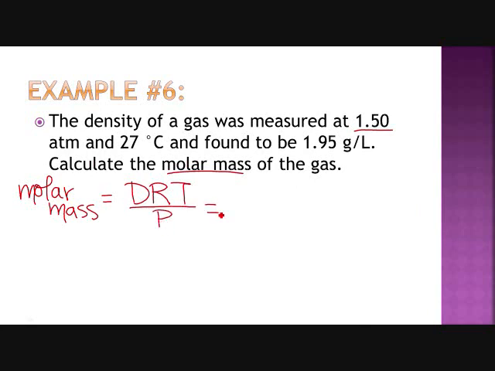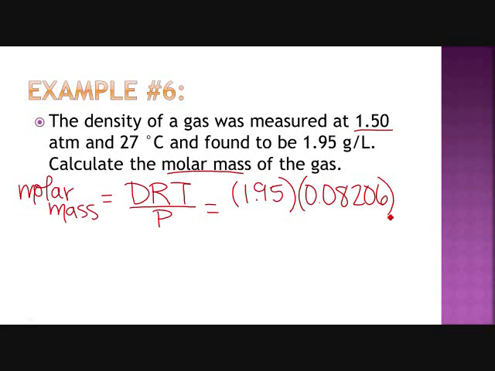Okay? So we have 1.95 grams per liter times R, which is the 0.08206, times, I didn't list out my stuff this time, I apologize. But do we plug in Celsius or do we change it? Got to change it to Kelvin.